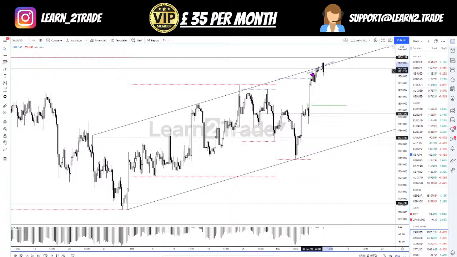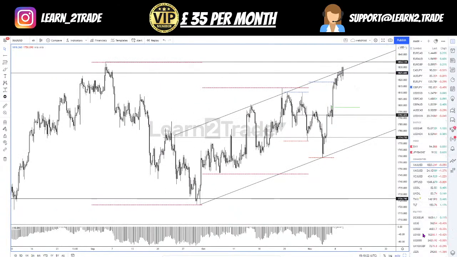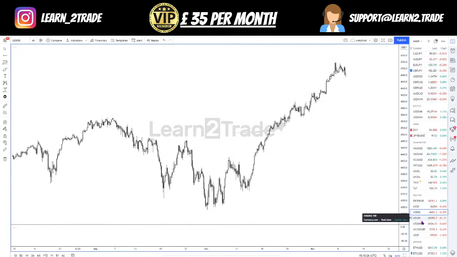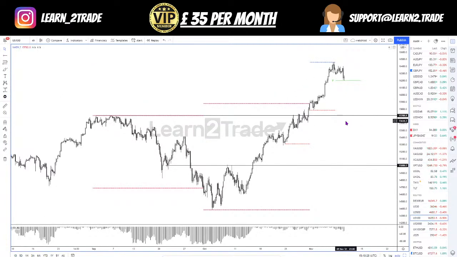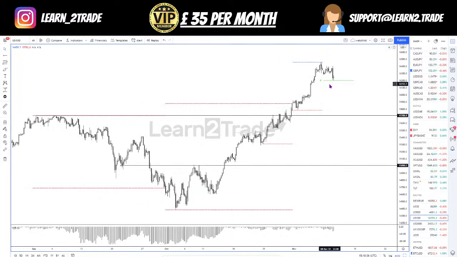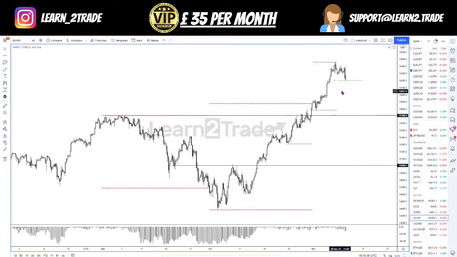Let's have a look at U.S. equities. The Nasdaq, right? It was looking good, but as you can see, price is holding the daily pivot. It's very, very unlikely that we are going to get a big dip towards that 15,800 level, which will be the big buy zone, at least for me.